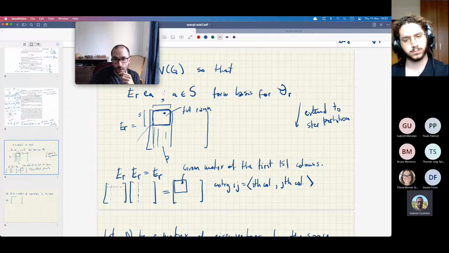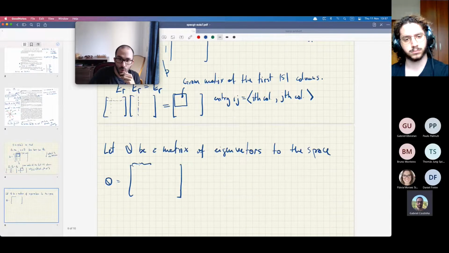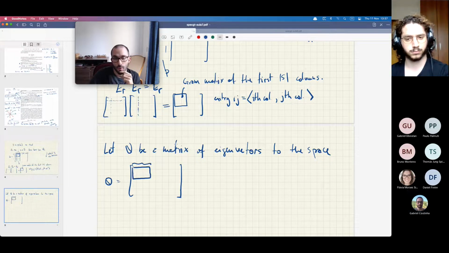So these are the eigenvectors multiplied by some numbers on the columns and some numbers on the rows. But what I want to say is that that block is basically here. And this block has full rank, so these columns are linearly independent. Of course, right? I'm good.